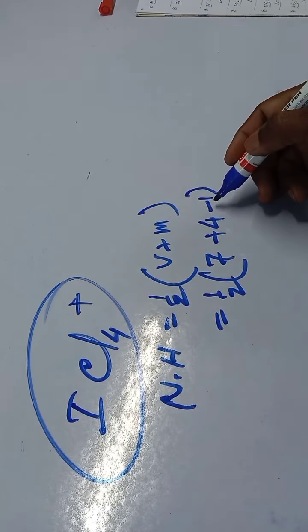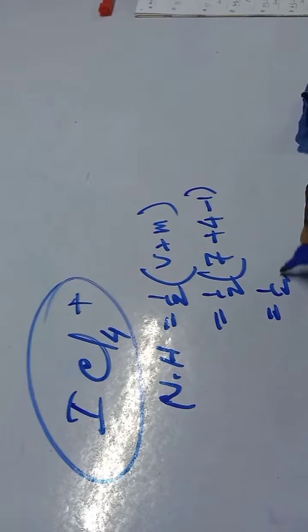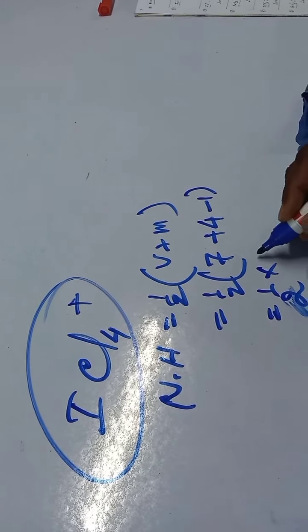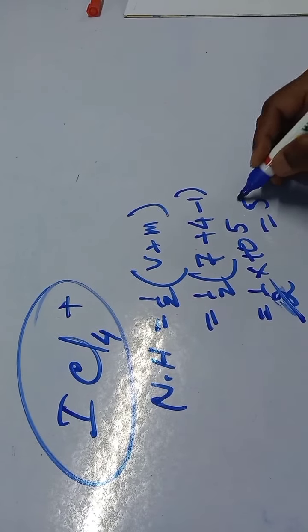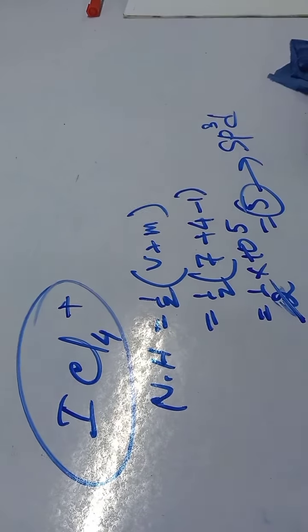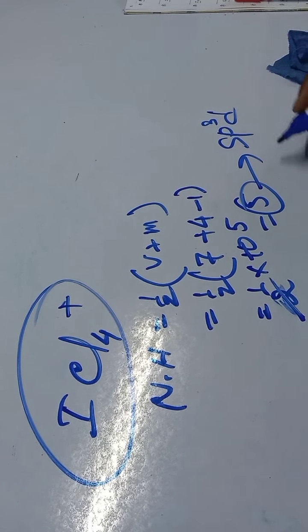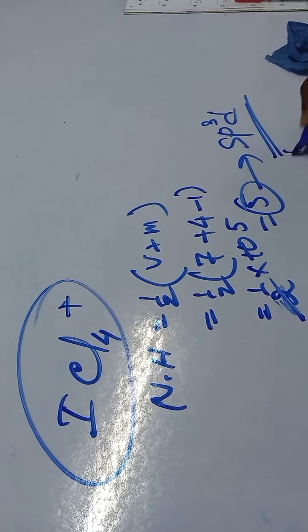Positive means minus, negative means plus. Half into 10, that is 5. The geometrical shape is sp3d.